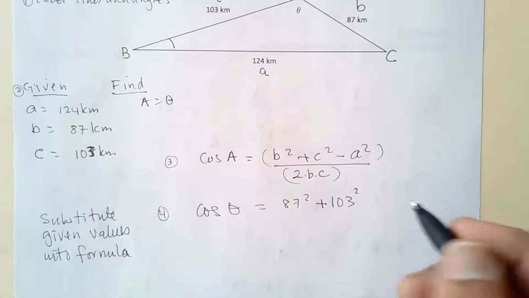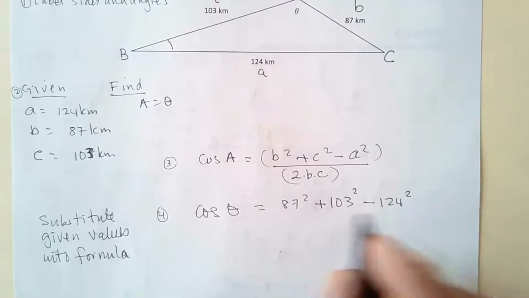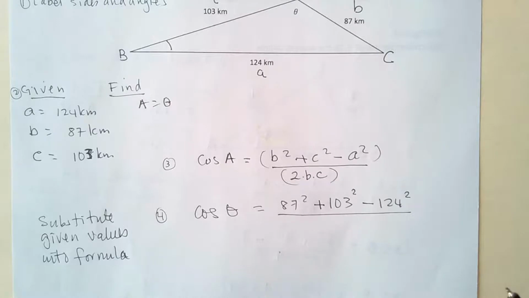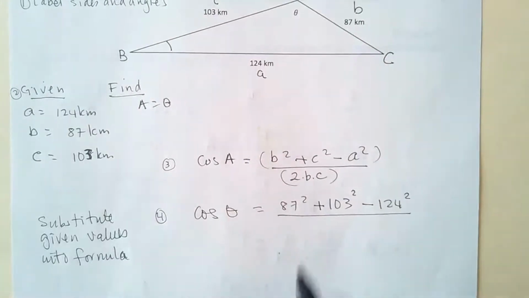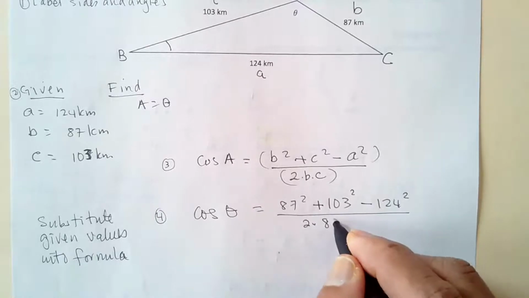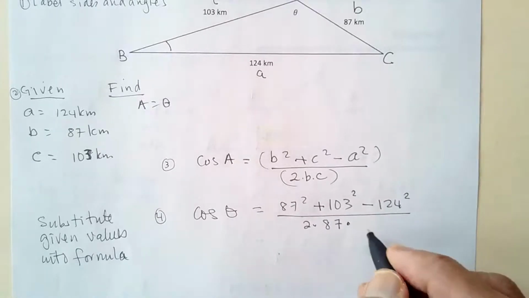Correction. Minus 124 squared, which is A. Make sure I got that right. Yes. And 2 times B, 87, times 103.